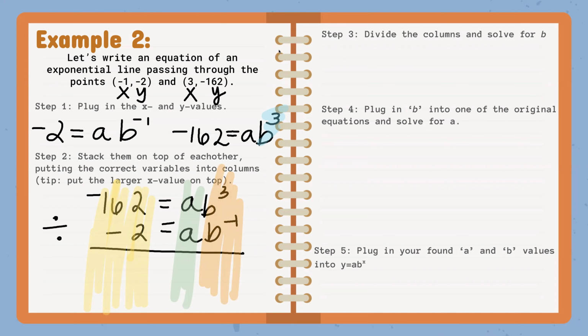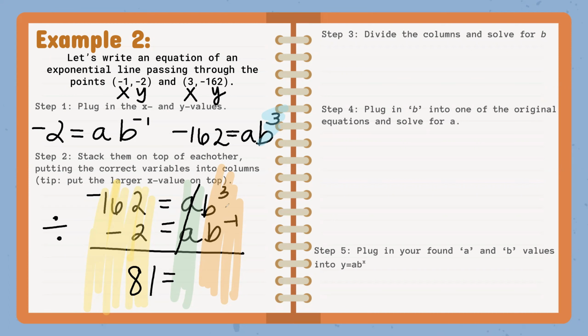Okay, so if I put -162 divided by -2 in my calculator, negative divided by negative makes it a positive. Let me go back to using a pen, not a highlighter, please. -162 divided by -2 is positive 81. A divided by A just reduces to 1.